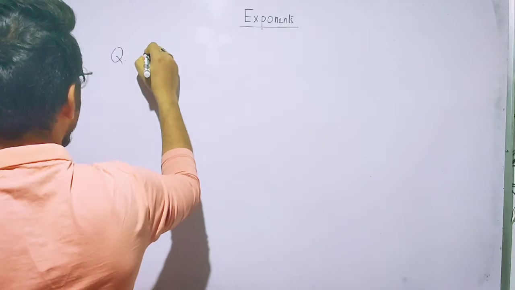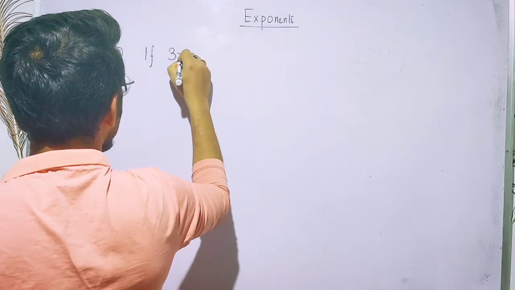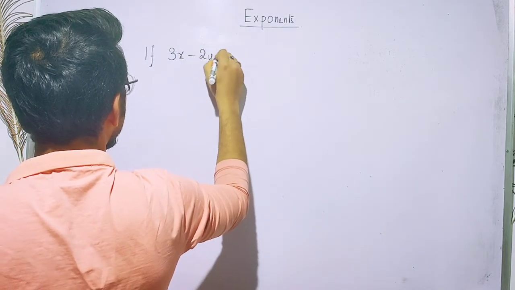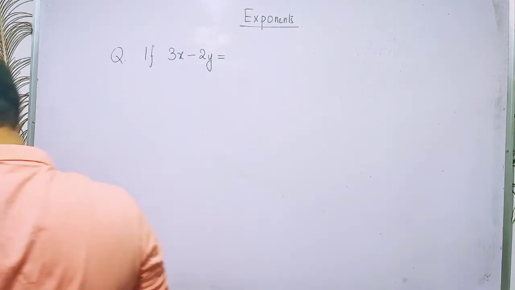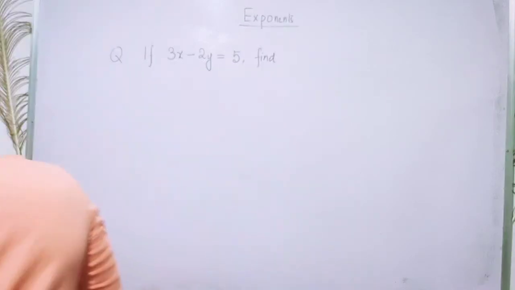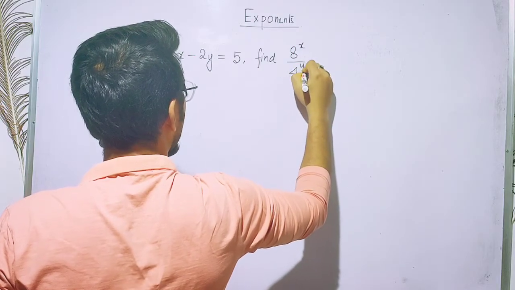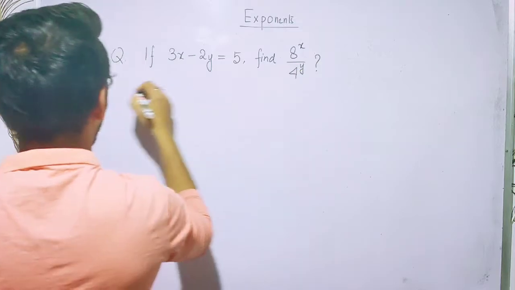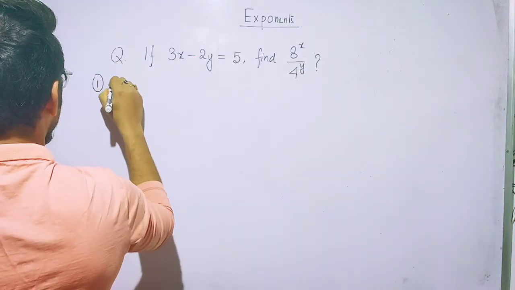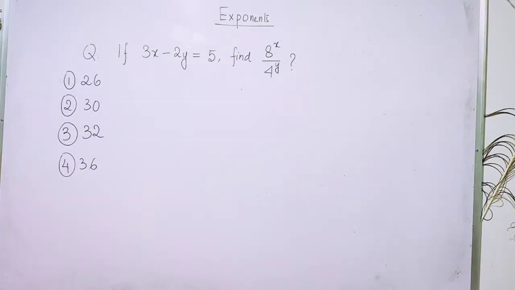It says if 3x minus 2y equals 5, find 8 to the power of x over 4 to the power of y. Your options are given as 26. So as you can see, this is the first question. If 3x minus 2y equals 5, find 8 to the power of x by 4 to the power of y, and these are the options.